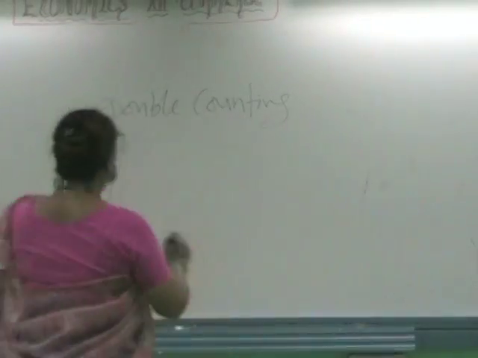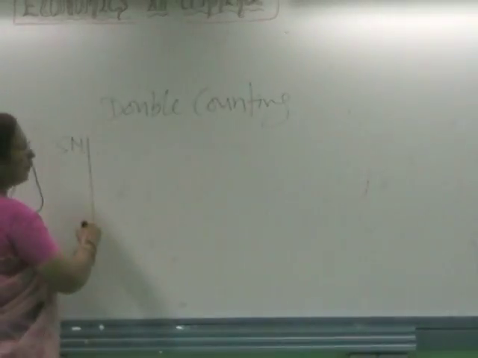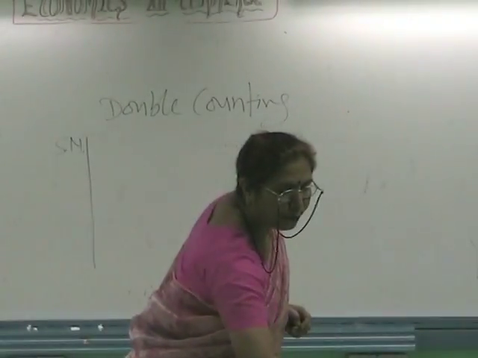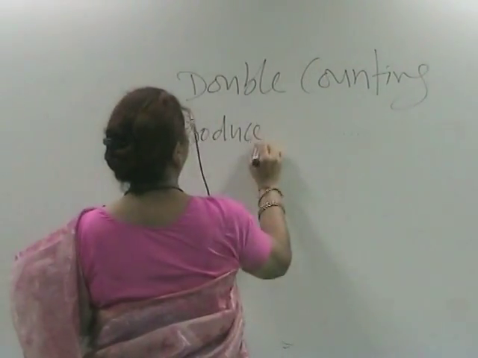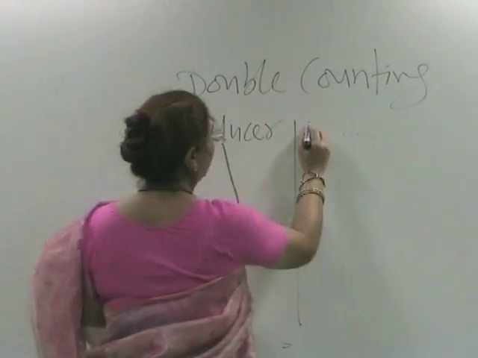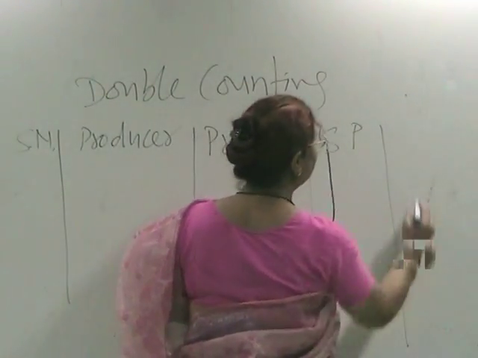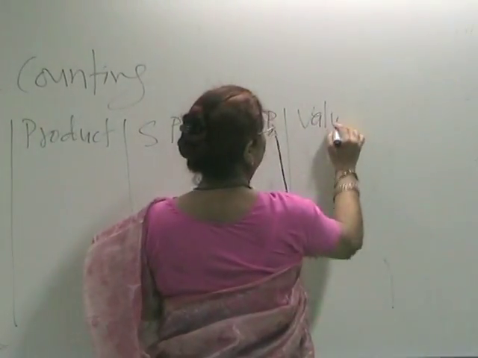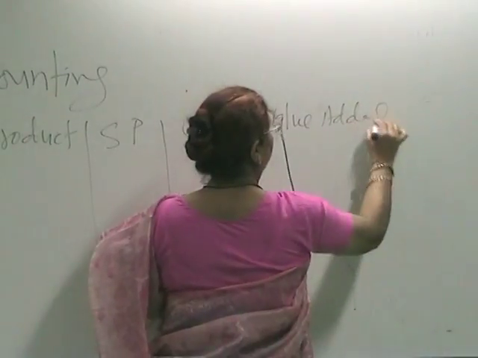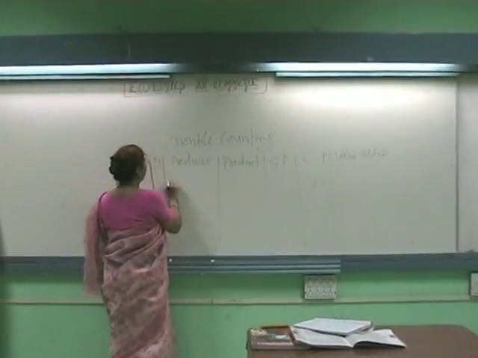Say, we will make this column, serial number, then we will write producer or production unit, then we will write product, what we are producing, then selling price, then cost price, then value added.